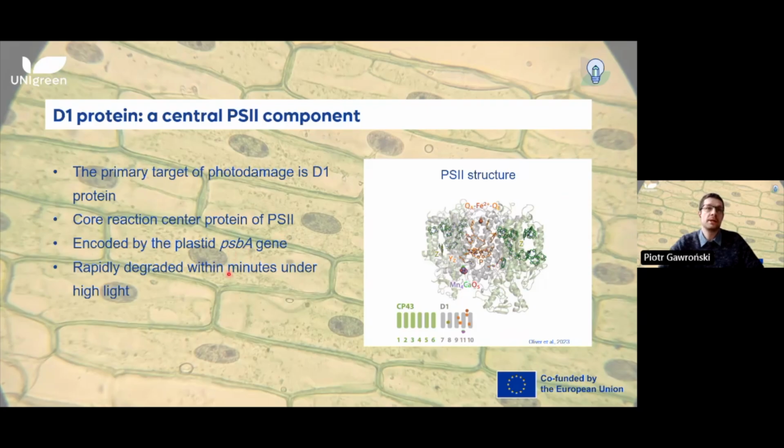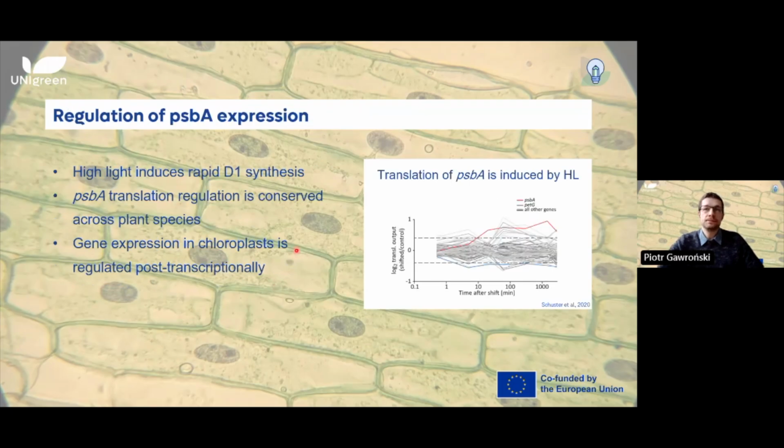Crucially, to maintain the photosynthesis, damaged D1 must be continuously replaced by the newly synthesized protein, and this makes this replacement directly dependent on the chloroplast translation. Here you can see high light-induced psbA translation activation in tobacco plants over time, in plants exposed to the high light stress.